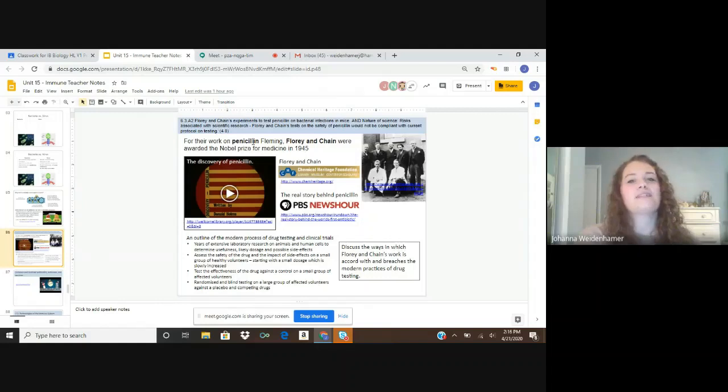For their work on penicillin, we have a couple of scientists who are very well known for their research. We have Fleming, Florey, and Chain, and they were awarded the Nobel Prize for Medicine in 1945. And they were able to find penicillin, the first antibiotic, to be able to kill bacteria and be used in a human's body to do so.